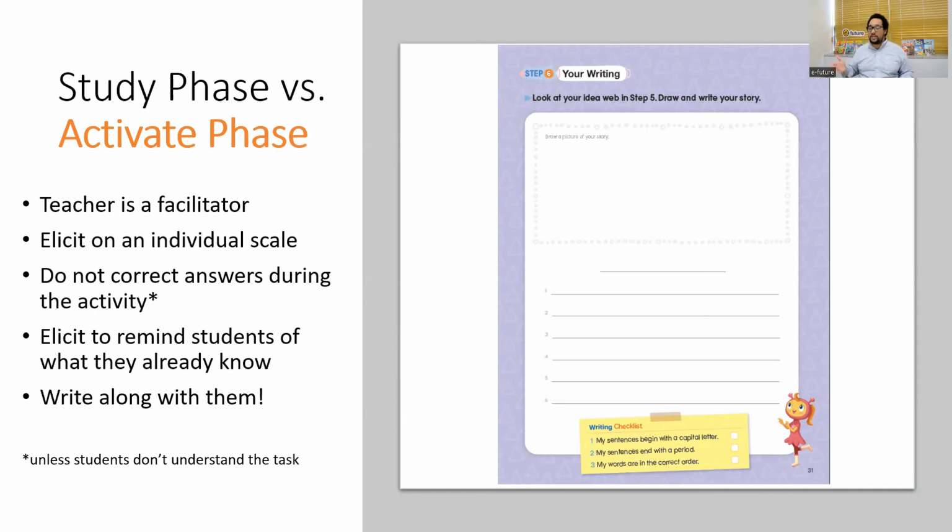And if they're struggling, go back to that staircase activity and work with them on a one-on-one level. Don't spend too much time with one student. Do an abridged version of the staircase activity, but you can still do it here to get them to complete the sentences if they're struggling to get from their idea web to their actual writing.